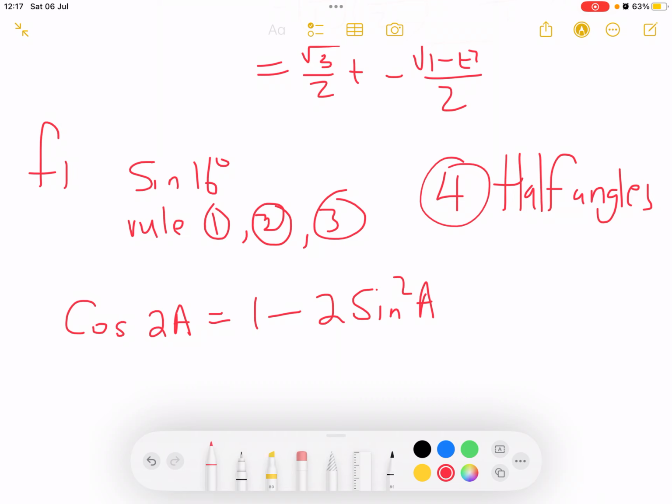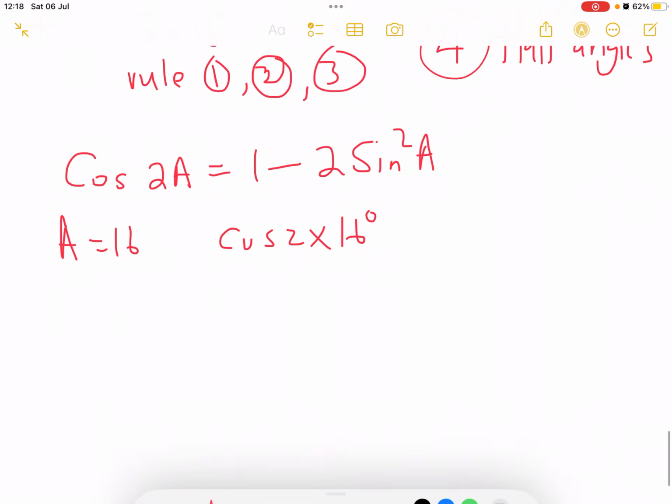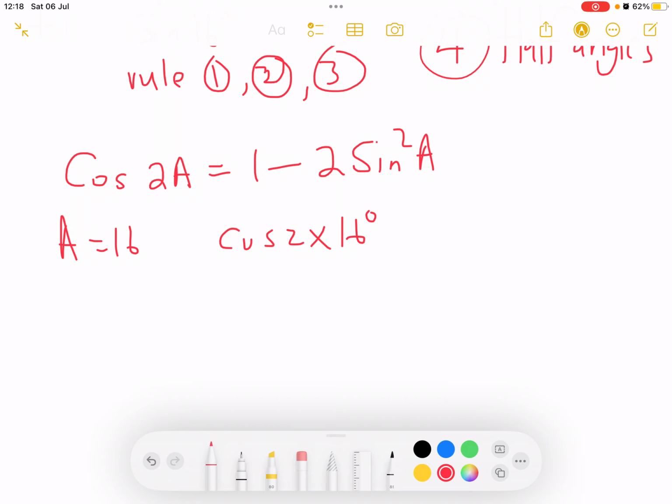Now you see that if we say a is equal to 16, then cos of 2 times 16 gives us 32, which we know. So we can use cos of 32. So in here, we're going to say cos of 32 degrees is equal to 1 minus 2 times sin squared 16 degrees, because that is 2 times.